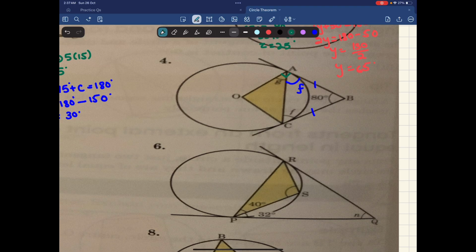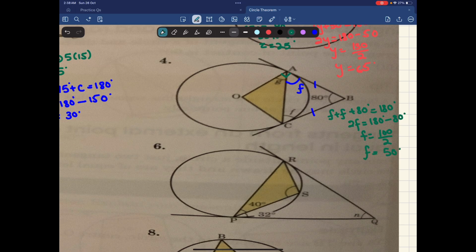Now to find angle F, we are going to use the sum of interior angles of a triangle. So F plus F plus 80 should be equal to 180 degrees. 2F is equal to 180 degrees minus 80 degrees. F is equal to 100 divided by 2. So angle F is going to be 50 degrees.